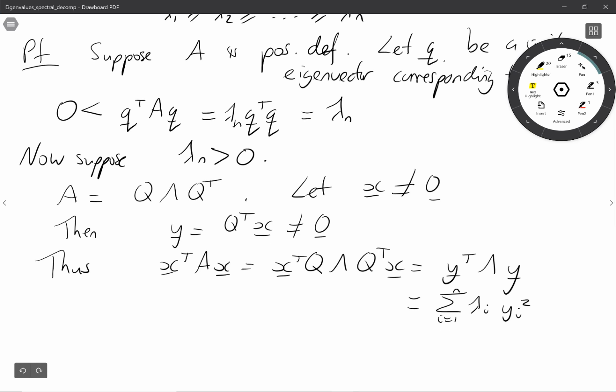And because all the eigenvalues are positive, we can see that this must be positive. So we must have that A is positive definite. Finishing the proof.